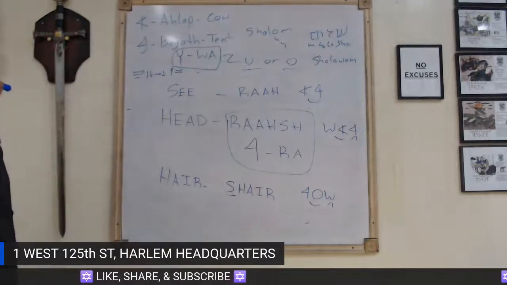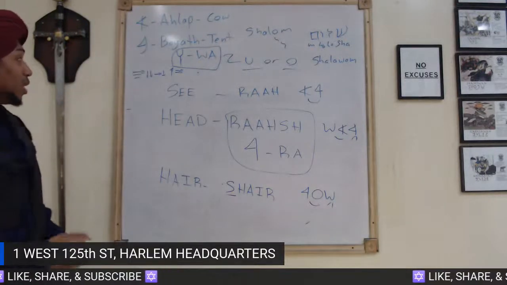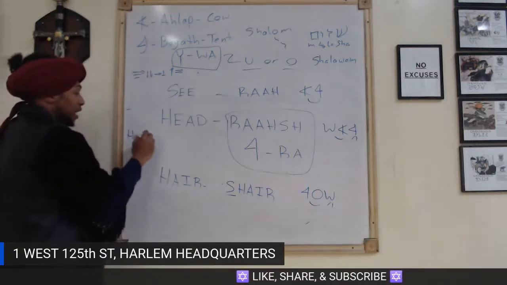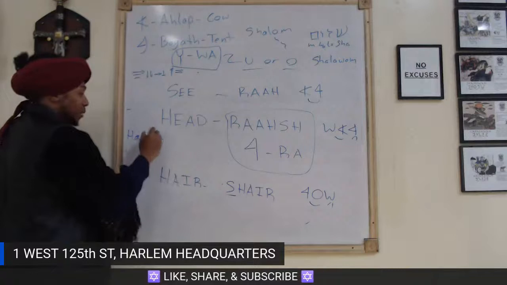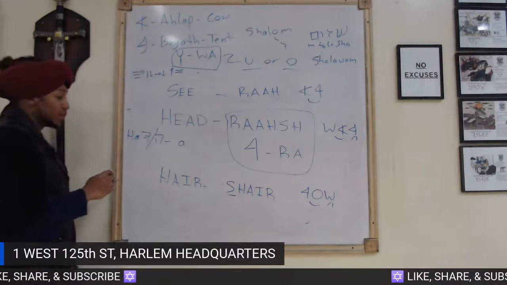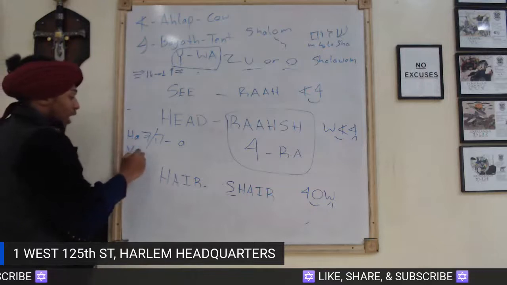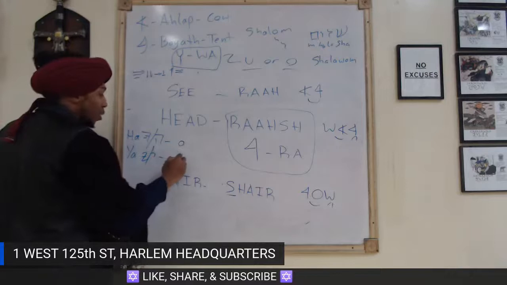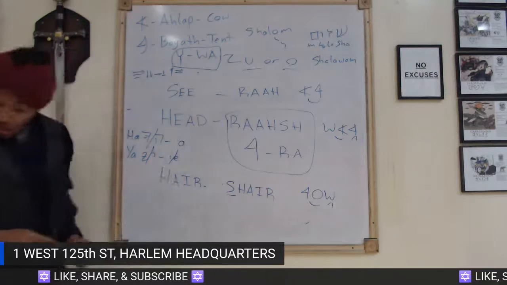Keep reading. The ha was a. The ha, right? The ha meaning this thing right here, or this, right? It became an a. Keep going. The ya was an I or E. The ya, right, which is this thing right here, became an I or an E. Keep going.